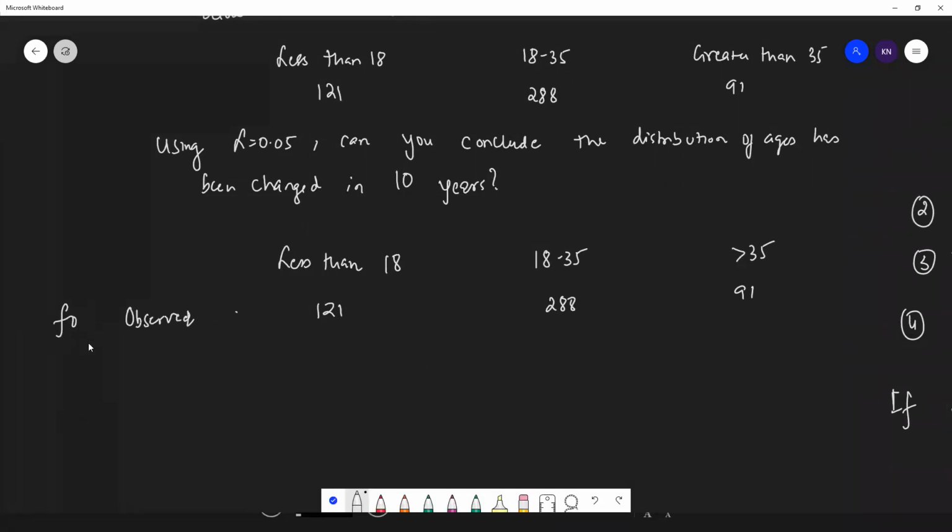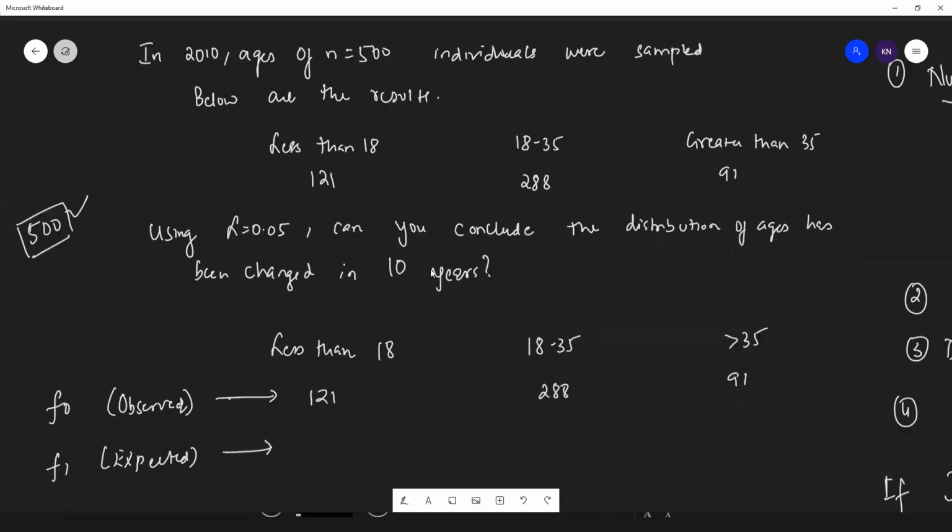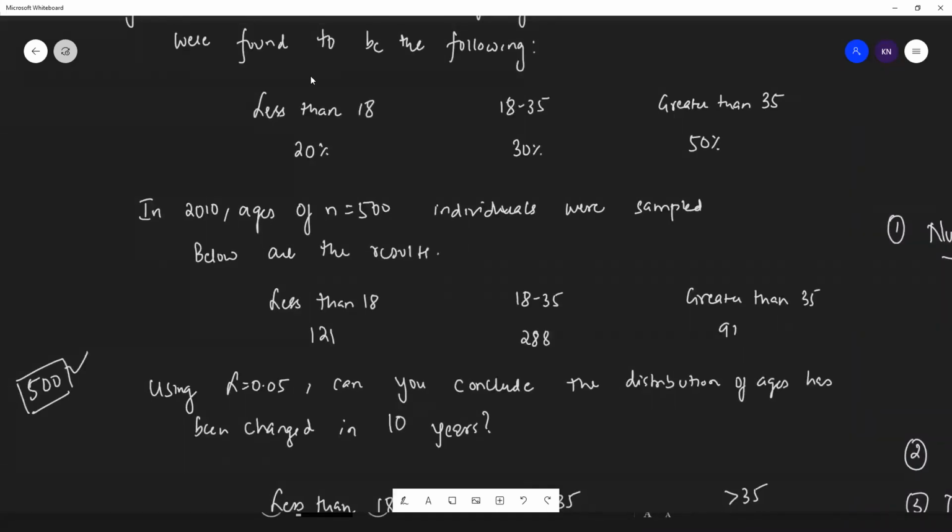So this is my F0, observed. What will be my expected value? How do we calculate our expected value? Total sample, how much have we collected? We have collected 500, guys. Now this expected is calculated based on the values given for the population.